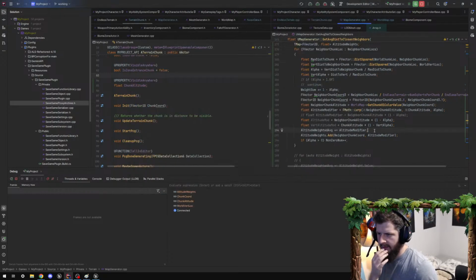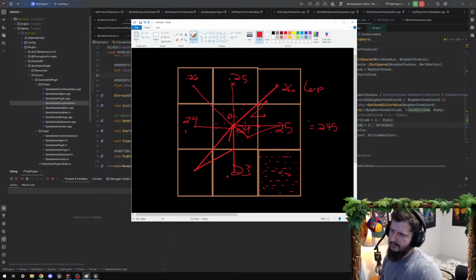I mean, yeah, I feel like I do kind of want to get the average of all of the alpha chunk altitudes of all the nearby ones.